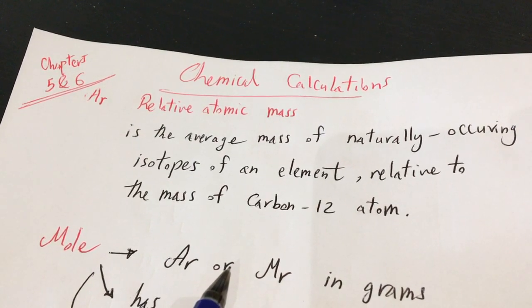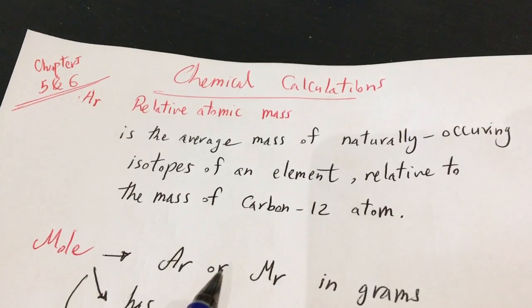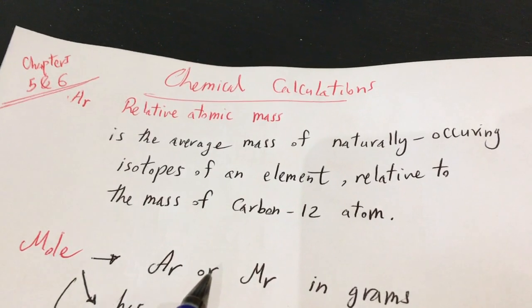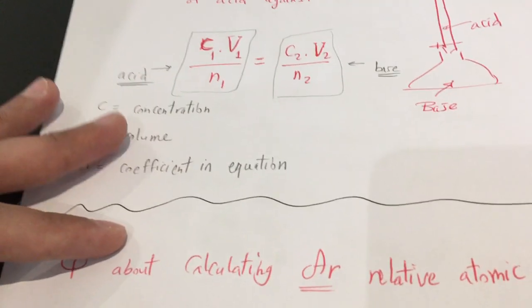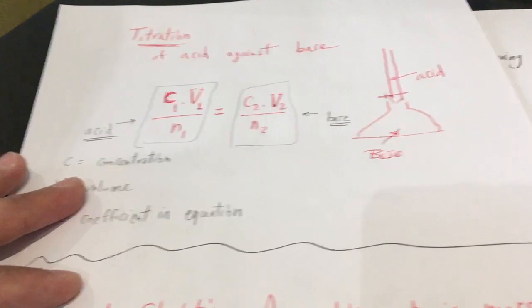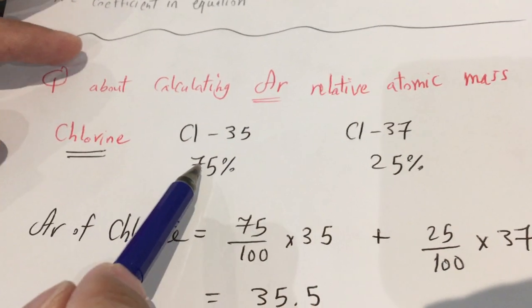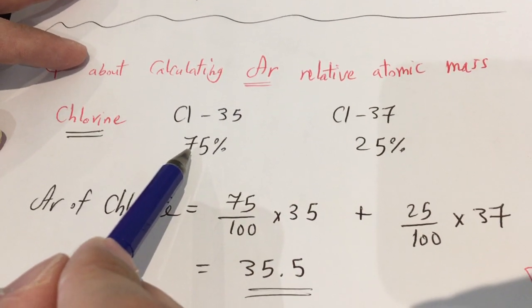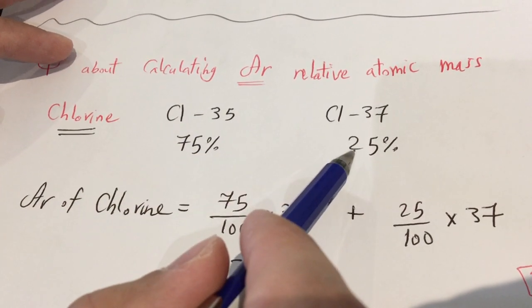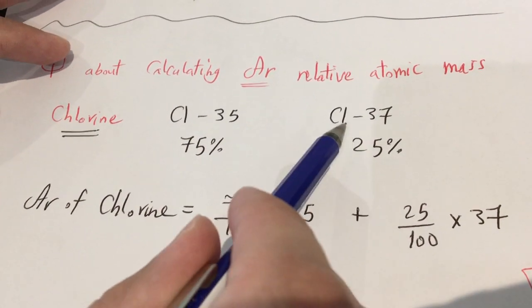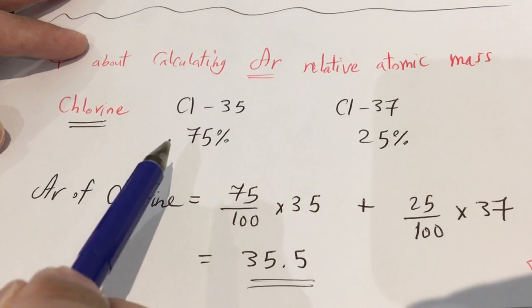So in general, what is atomic mass? It is the average mass of the isotopes of some element. For example, here we have chlorine. Chlorine has two isotopes, 35 and 37. 75% of chlorine found in nature is chlorine 35, and 25% is chlorine 37.